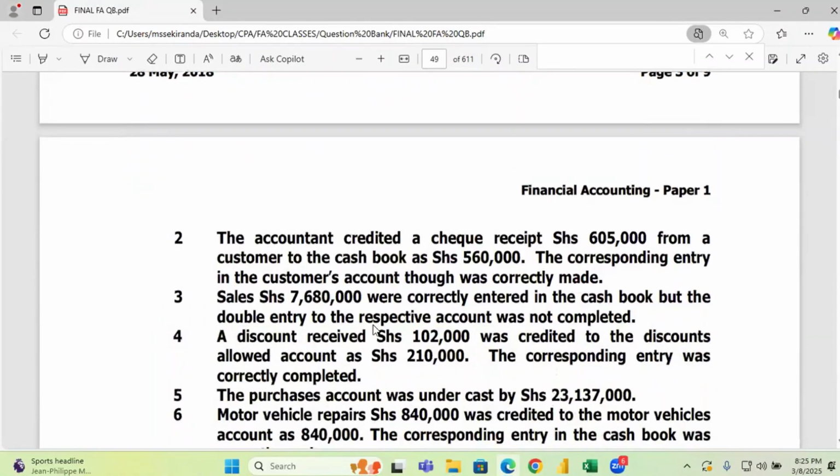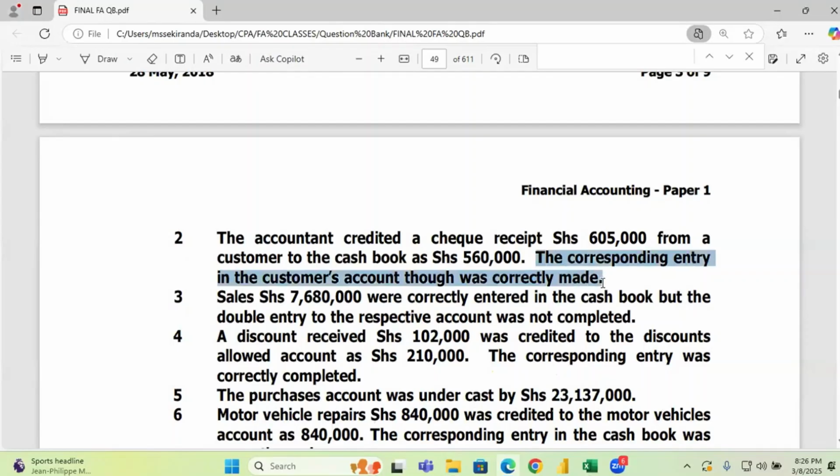Note number 2. The accountant credited a check receipt of 605,000 from a customer to the cash book as 560,000. The corresponding entry in the customer's account, though, was correctly made.